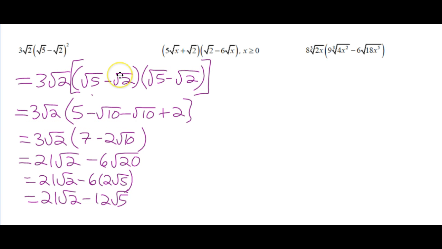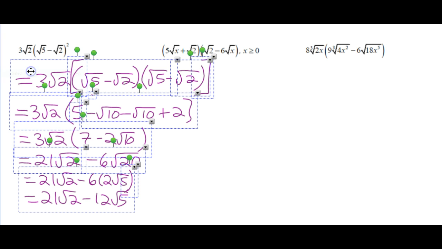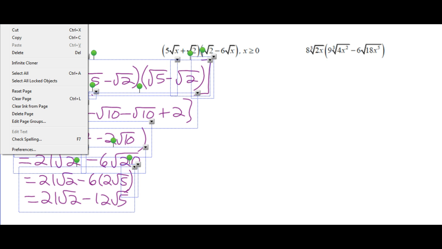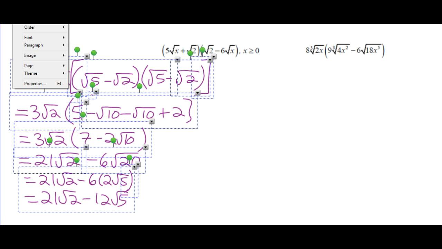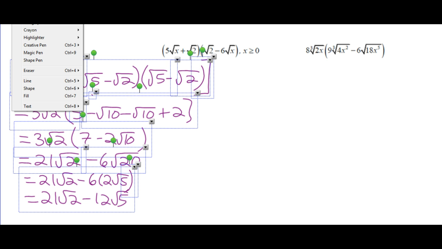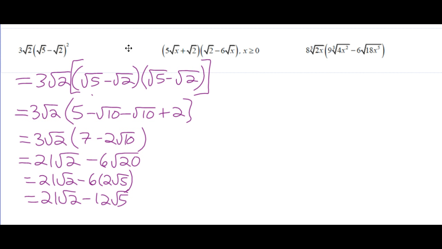I don't know what to do with it. My earphones. Clone, cut, copy, drag, paste, select all, reset page, clearing, delete, view, dual page, display, format, tools, eraser, orange, dang it. I don't know. Should be some way to select that all and shrink it, right? Because now I got to do the next one. That's fine.